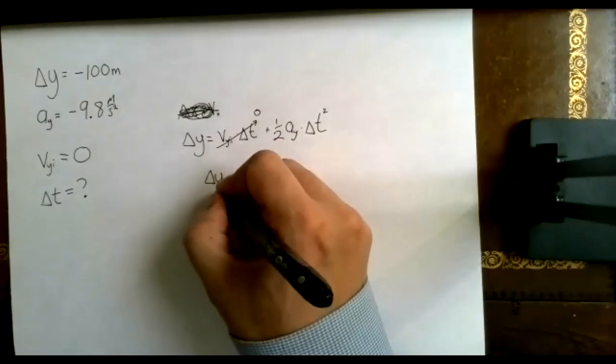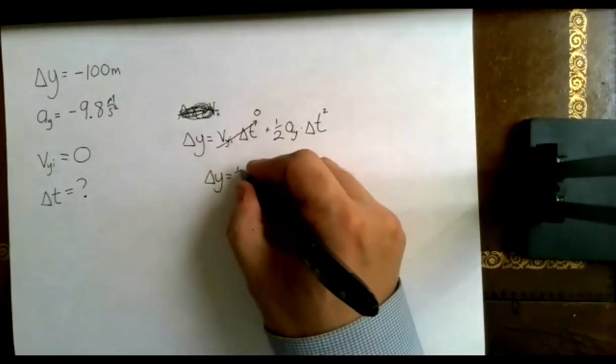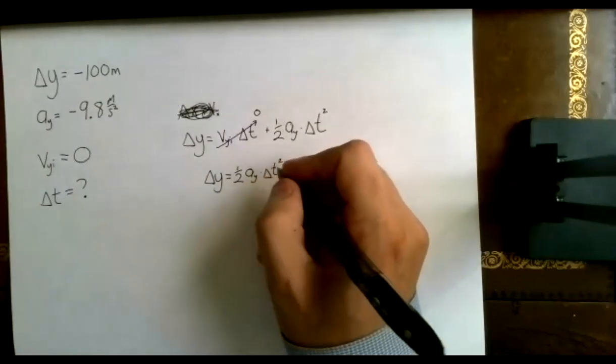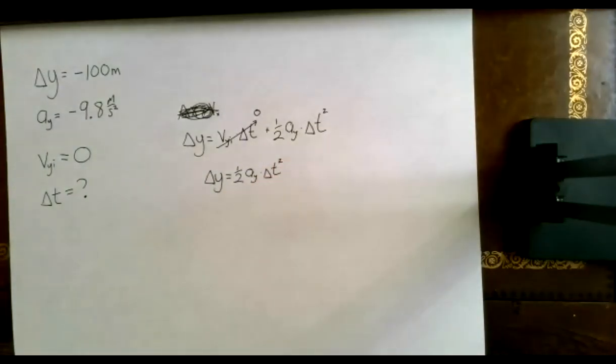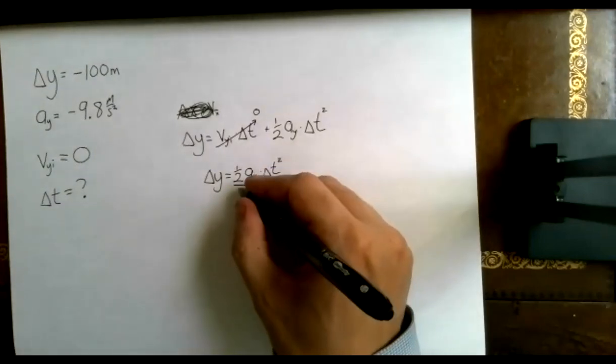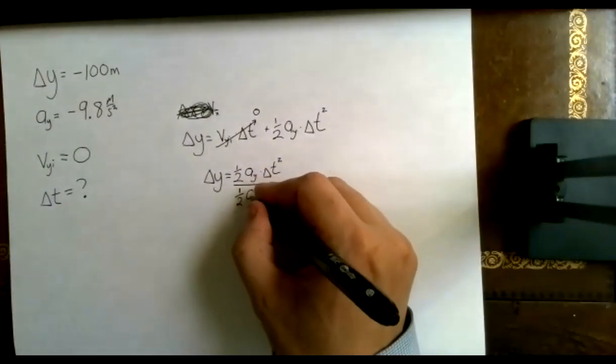If we rewrite the equation, it becomes much easier to rearrange. We don't have to do a quadratic equation. We just have delta y is 1/2 times acceleration times delta t squared. Since it's the delta t that I'm looking for, I'm going to divide this other stuff out of the way.